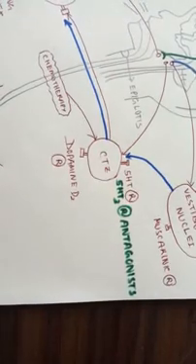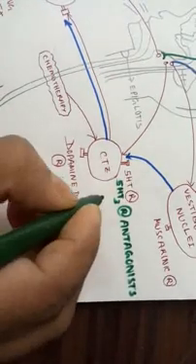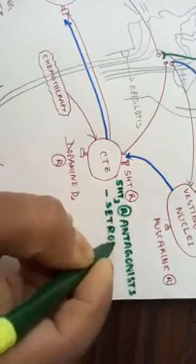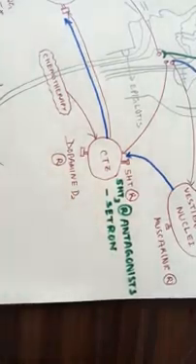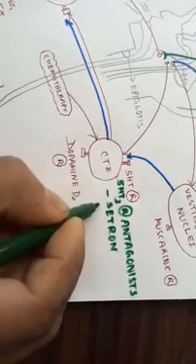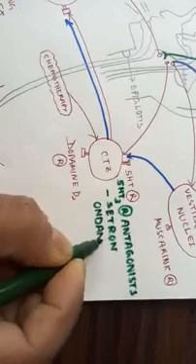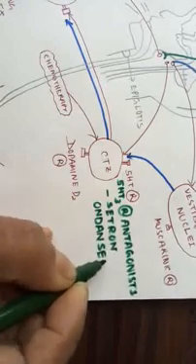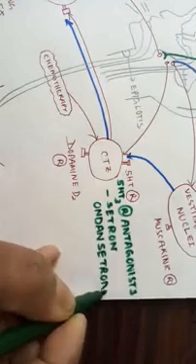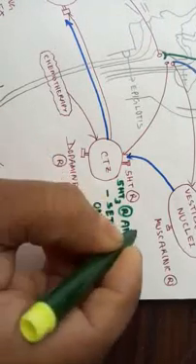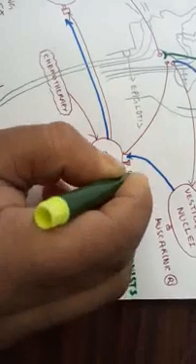One among the most popular drugs is ondansetron. 5-HT, as I mentioned earlier in the video, is serotonin. So these are serotonin antagonists. And these drugs are used to control vomiting at the chemoreceptor trigger zone.